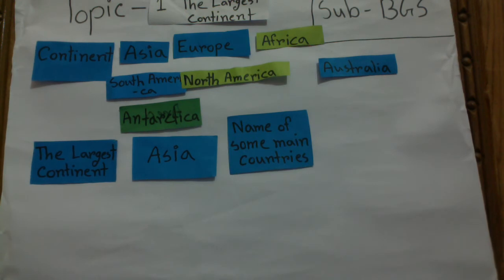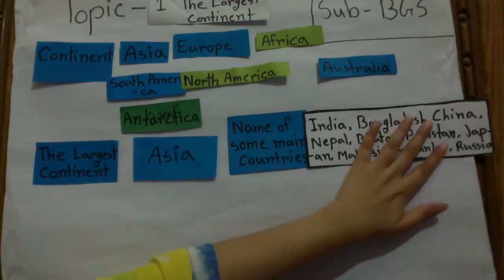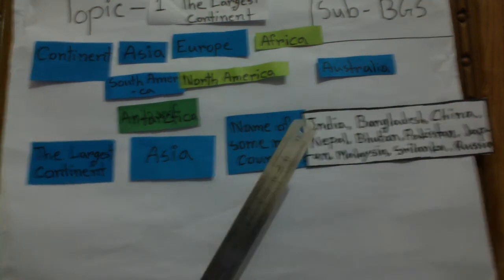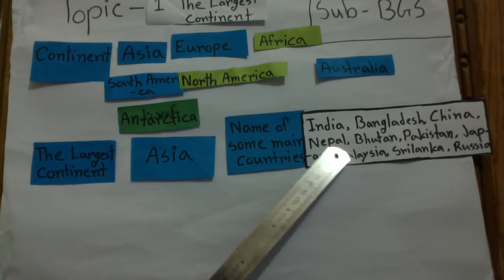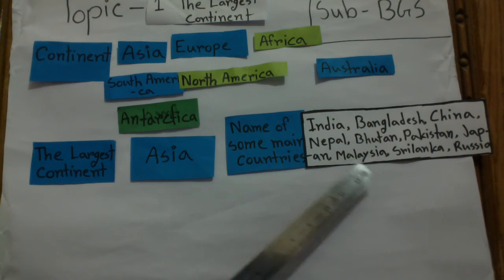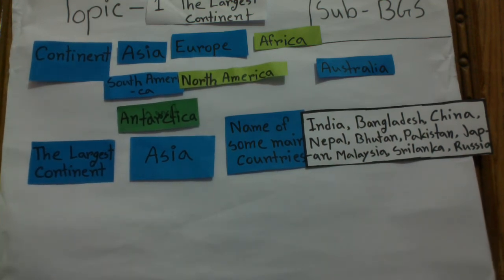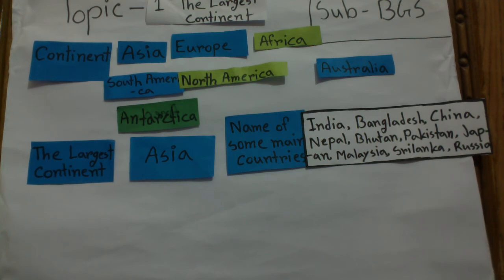Here are some names of the countries in Asia: India, Bangladesh, China, Nepal, Bhutan, Pakistan, Japan, Malaysia, Sri Lanka, Russia, Iran, Iraq, Saudi Arabia, Mongolia. There are lots of countries in Asia.